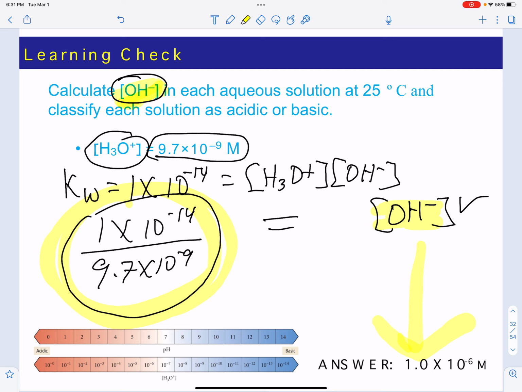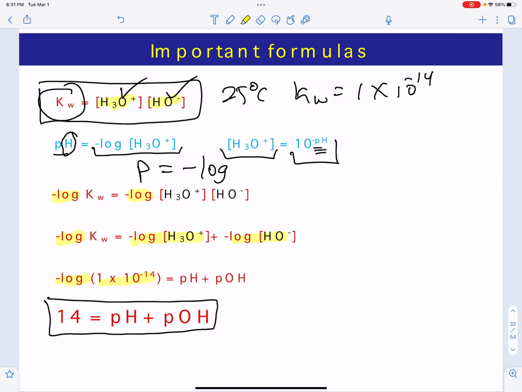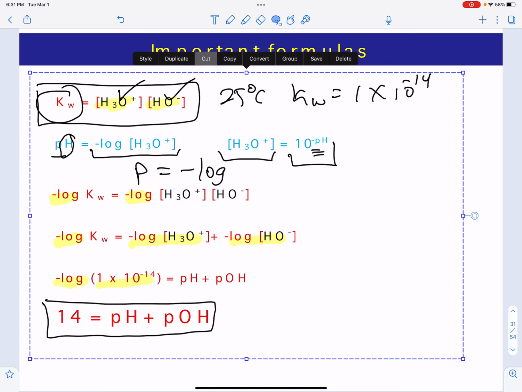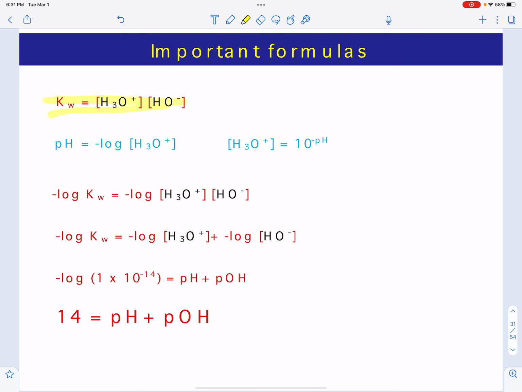So once more, how do you relate the concentration of hydroxide and the concentration of hydronium? With the Kw formula, which is this one right here. So that's the formula that we use for that problem. And remember, you do not have to memorize any of these formulas.